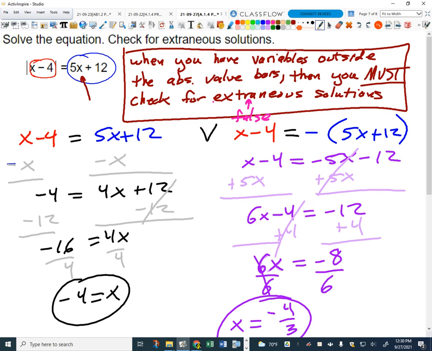Okay? So on Desmos, it doesn't even have to be Desmos graphing. It can just be Desmos scientific. Graphing works fine too. But I've got the solutions negative 4 and negative 4/3, right?